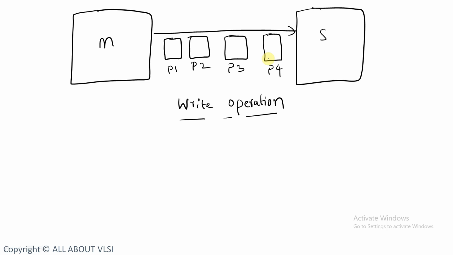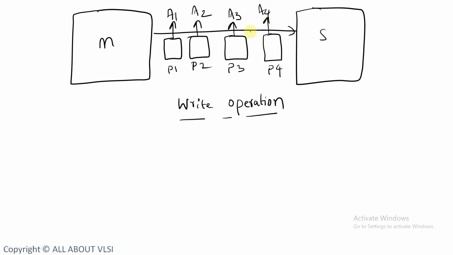Here, for packet P1 an address A1 will be associated, for packet P2 address A2, for packet P3 address A3, and for packet P4 address A4.